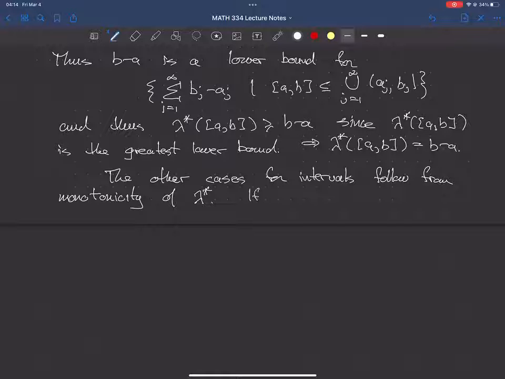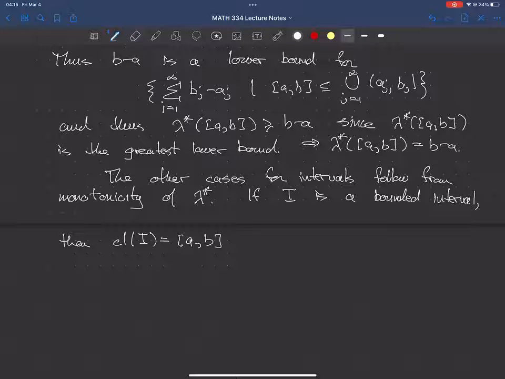So if I is a bounded interval, let's say that the closure of I is [a,b]. So I may not contain one or both of its endpoints, but certainly its closure will be equal to that.